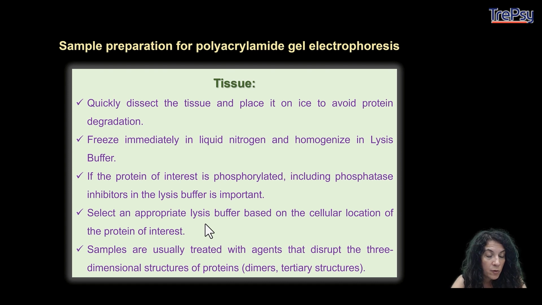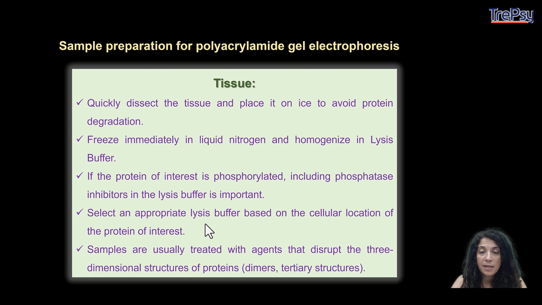You have to keep in mind what type of protein I want to see, to detect. For that, if the protein of interest is a phosphorylated protein, I have to include phosphatase inhibitors in the lysis buffer. It is very, very important, it's crucial.